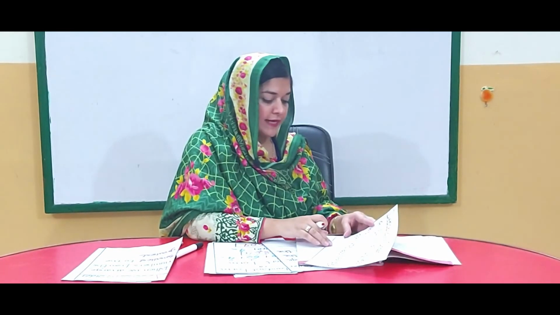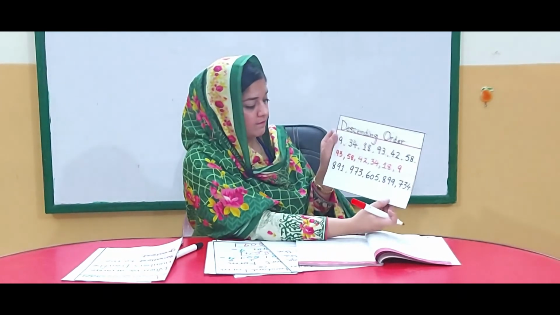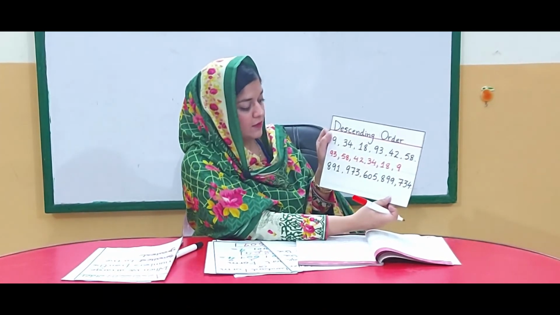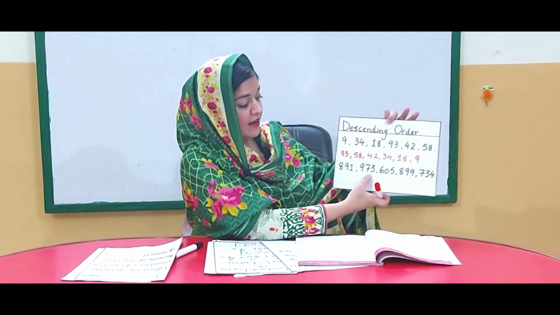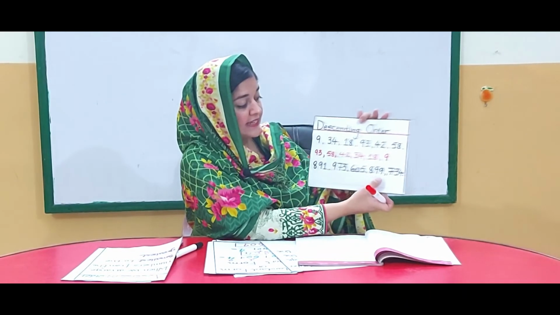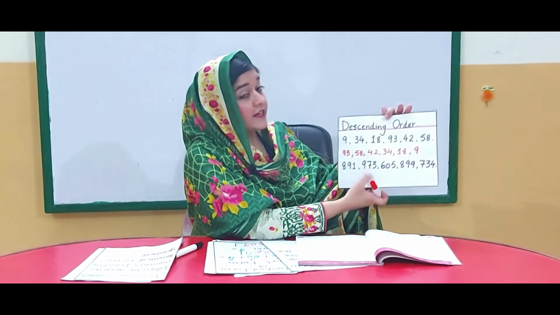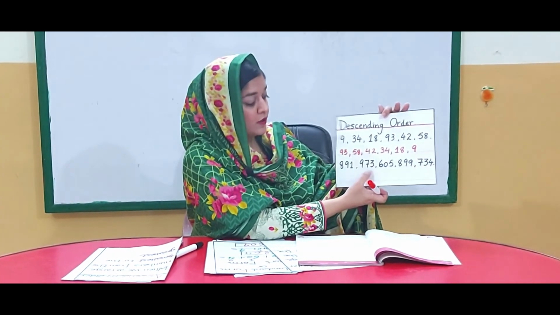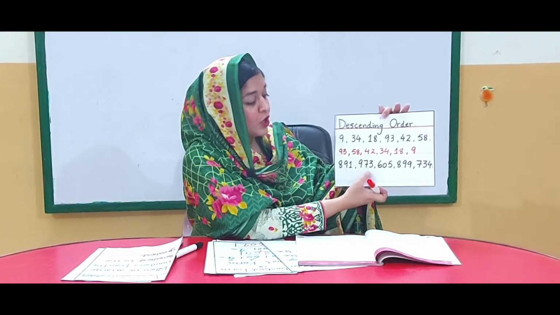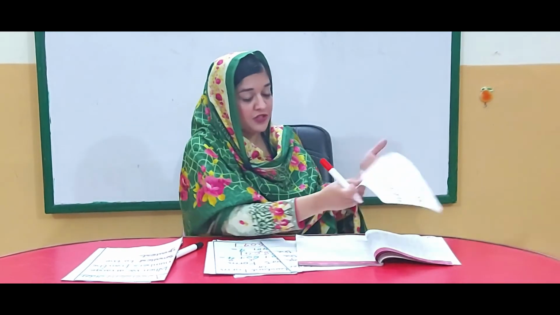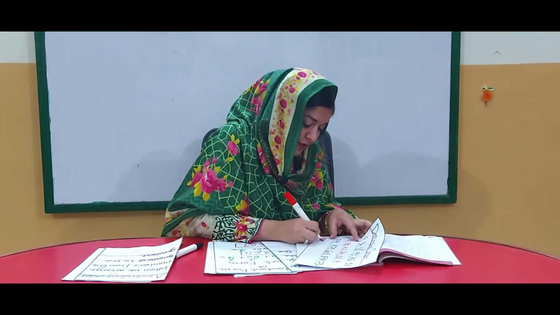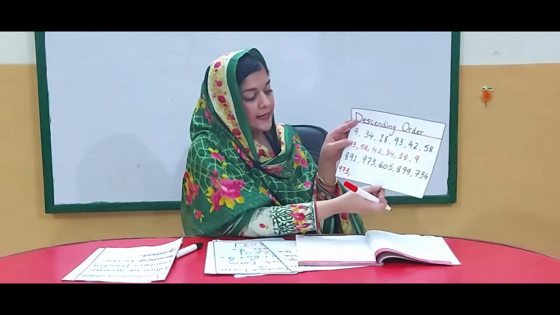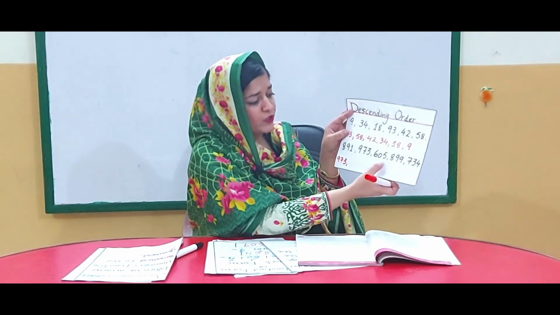What is the greatest number here? Obviously 800s are given, 900, 600, 700. Obviously the 900 is the larger one. So we will write 973 first. Clear? I will write it here for you. 973.